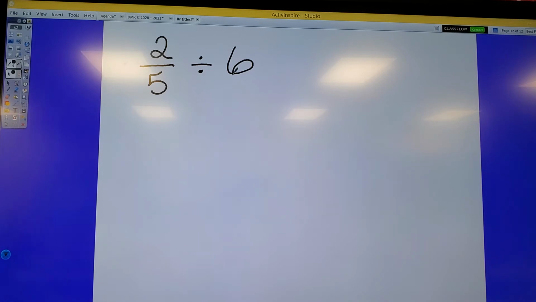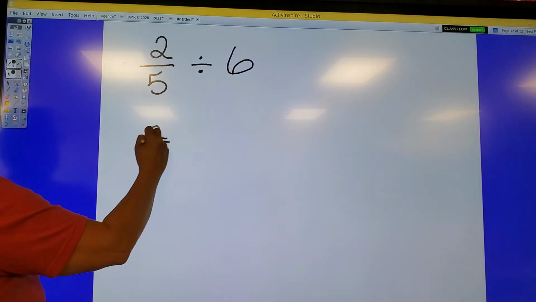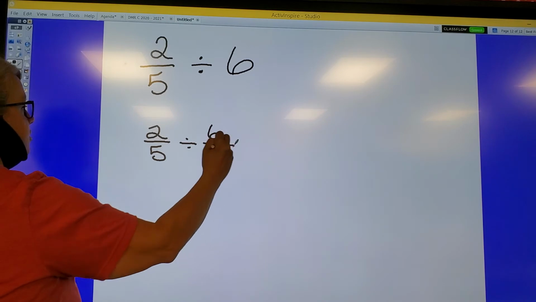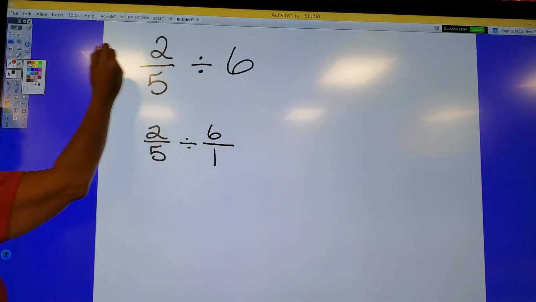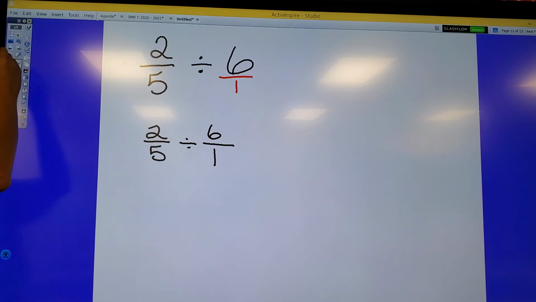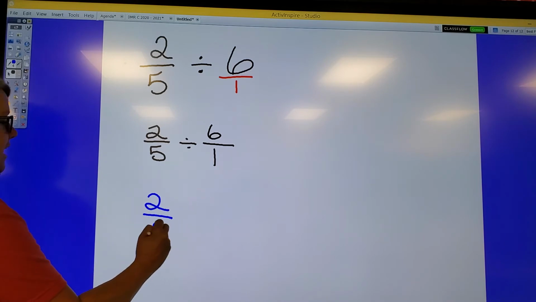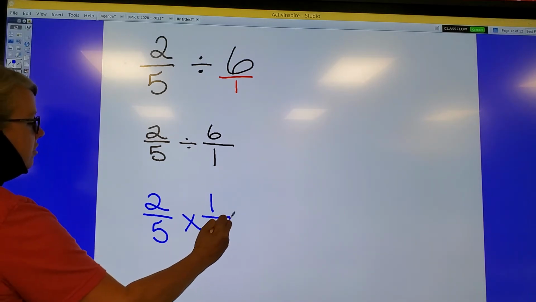I highly recommend, and you could do this just in the original problem, that you either rewrite it so you have 2/5 divided by 6 over 1, or some people feel comfortable enough just doing that on their paper. But I would not try to do it in your head, putting it over 1 and flipping it, because I see a lot of mistakes made on these types of problems, okay? So when we rewrite this as a multiplication problem, we would end up with 2/5 times 1/6.